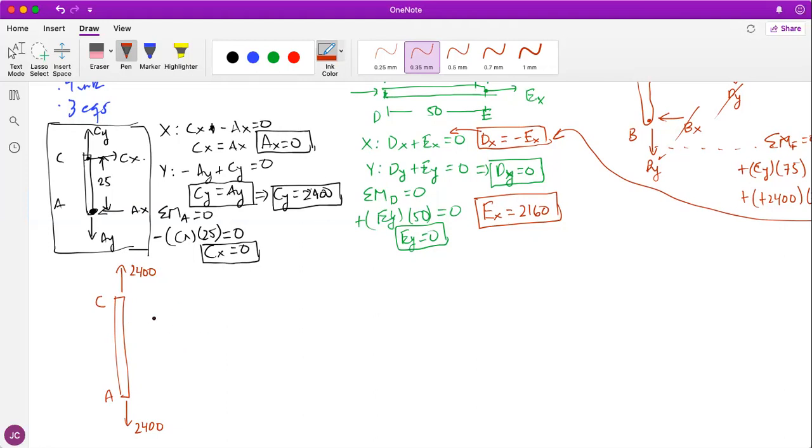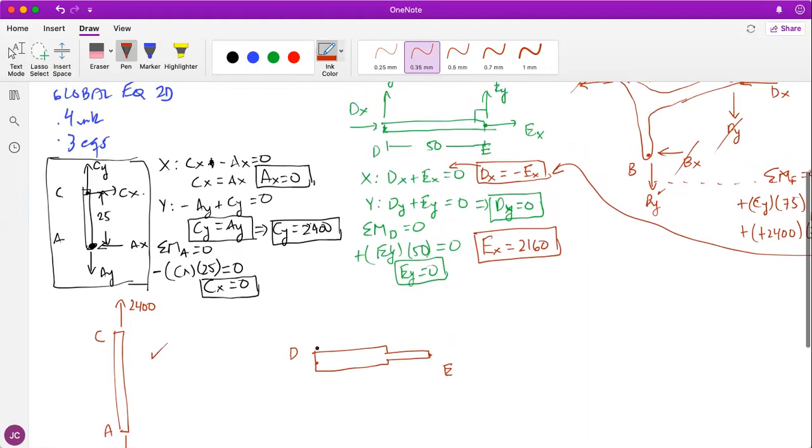This is one of the bodies that you were asking about, good. And the other one is DE, something like this. This is my way to depict what was D. This guy is D, this guy is E. We already got that the Y parts, the vertical parts, were actually 0.